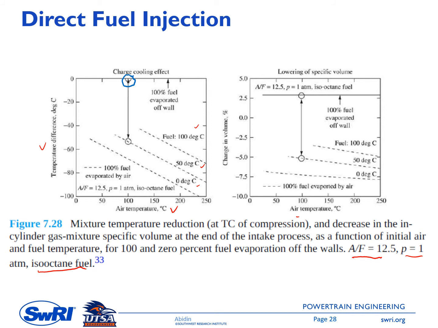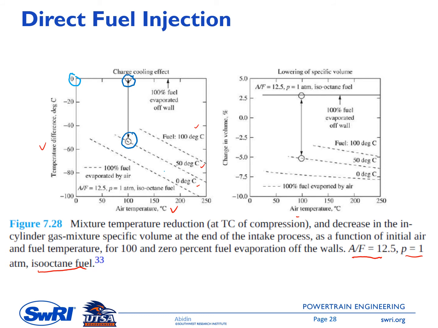Therefore, we don't have a temperature difference here; it is 0. Once more fuel is evaporated from the airflow or from the mixture, we gain some cooling. In this case, we have 100% of the fuel evaporation energy coming from the mixture.